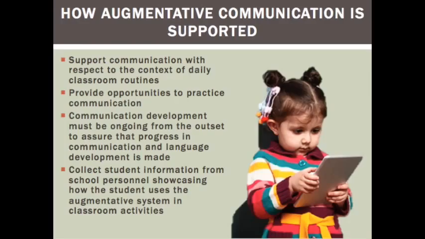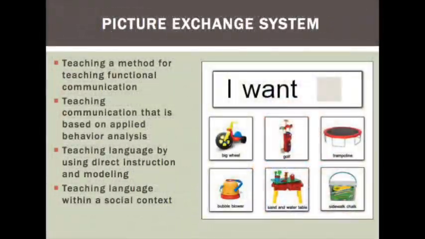It is also important to remember that communication development must be ongoing from the outset to assure that progress in communication and language development is made. One should also collect information on responses from school personnel with regards to the students' use of the augmentative system in classroom activities. One approach that is often used is the picture exchange system.